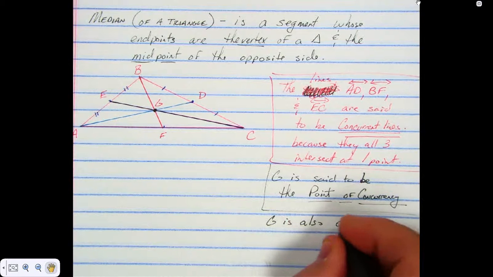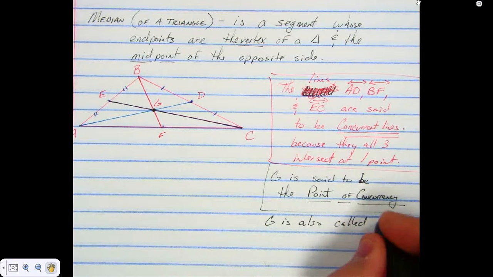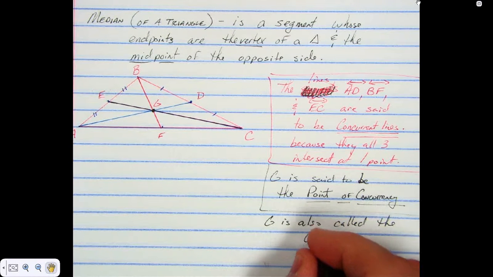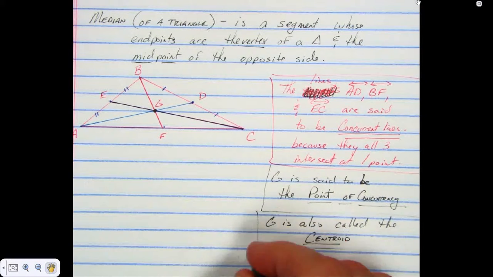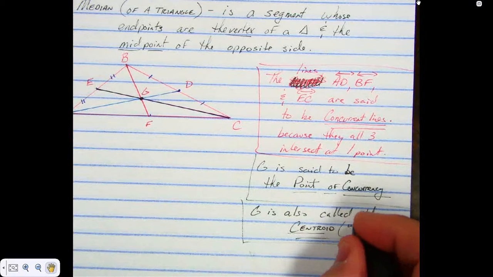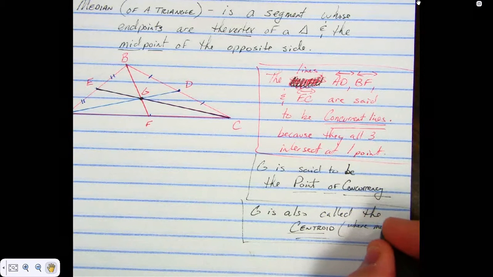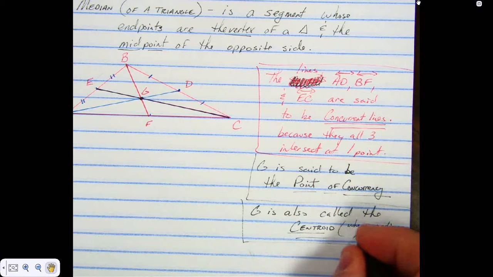G is also called the centroid. And the centroid is where medians meet.